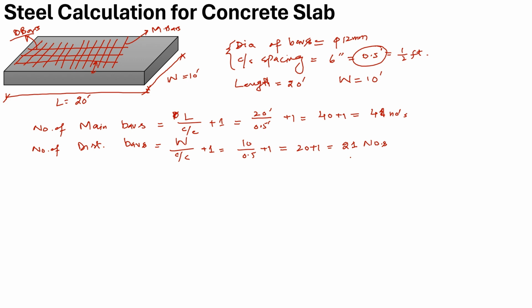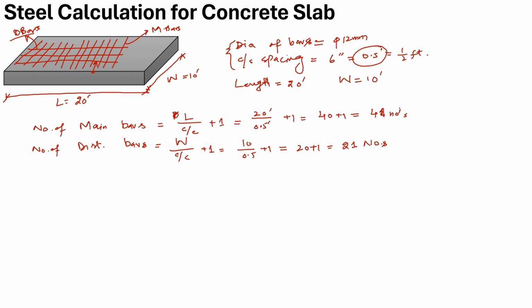So when you have got the number of bars, what will you do? Simply, you will get the length of bars. So we need 41 bars. What will be the total length of the 41 bars?